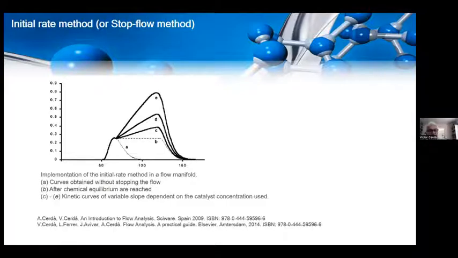And if you have reached the equilibrium, you have a stable value of the signal. But if you have a catalyst, you can see that the signal is not constant, but increases depending on the concentration of the catalyst. Then you can use the initial rate method in order to make the determination of the catalyst.